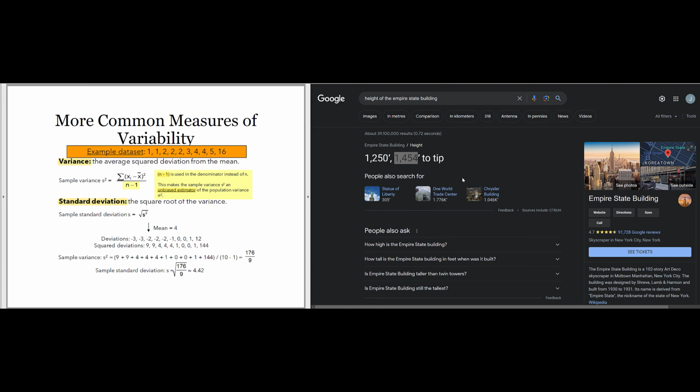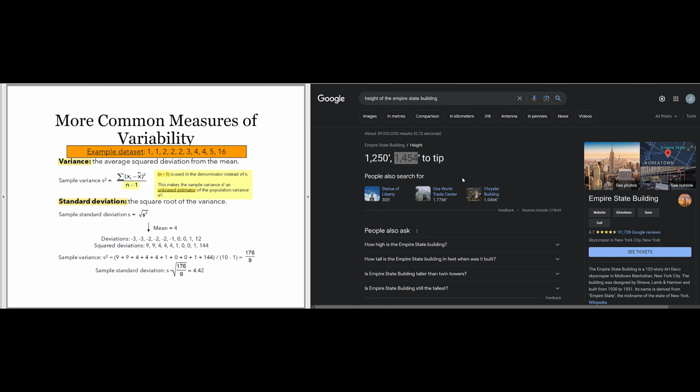So if I ask you, what is the average height of the Empire State Building? Well, there is only one. The entire population consists of one Empire State Building, and so the average height of the Empire State Building is 1,454 feet.